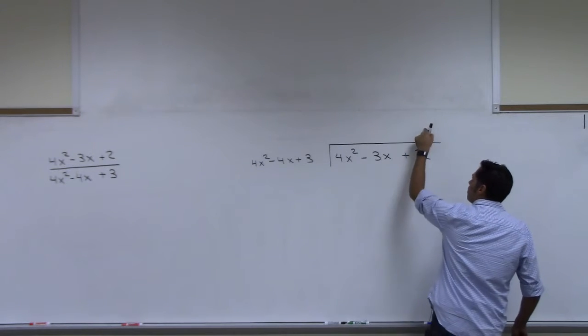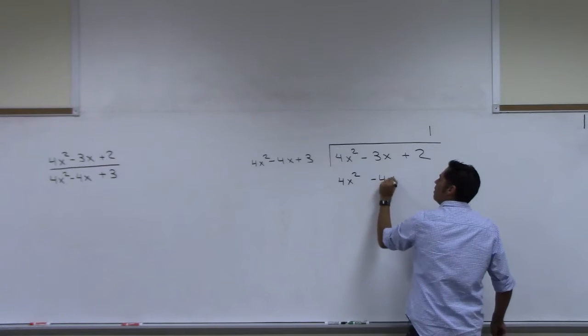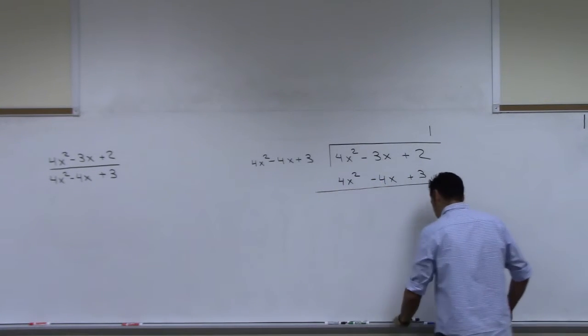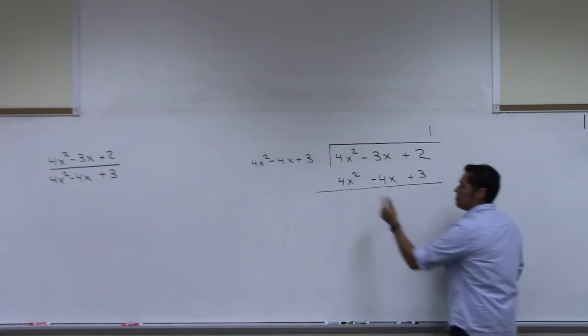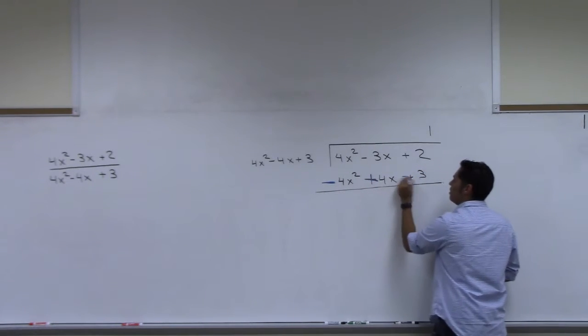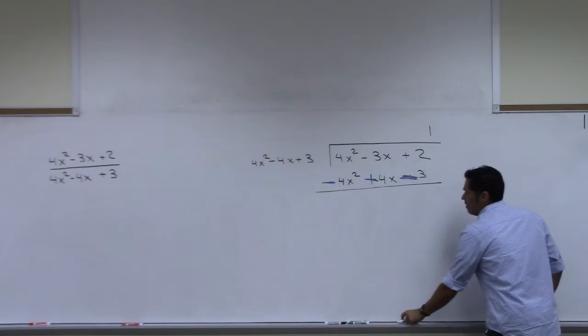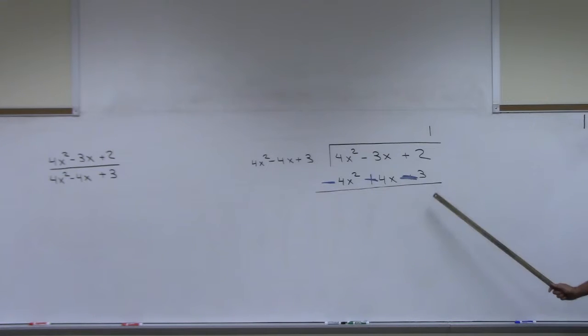And when I multiply 1 times that, I just place everything underneath. And the very important step now is to change the signs, subtract. So all your pluses become minuses, all your minuses become pluses. And you add down, and what do you get? x minus 1.